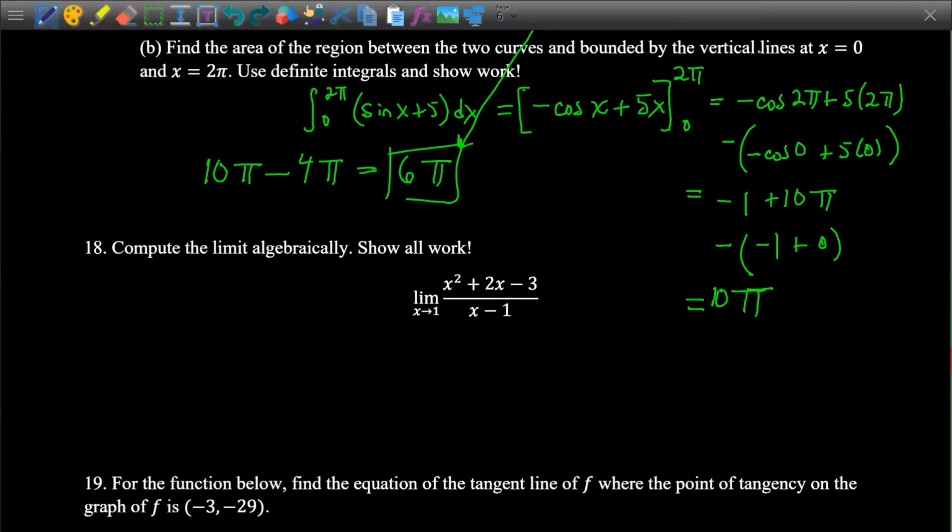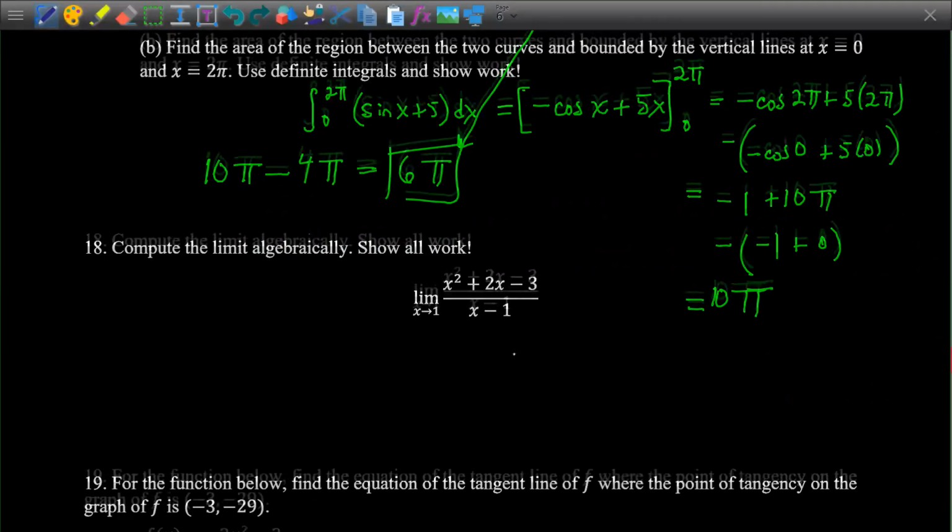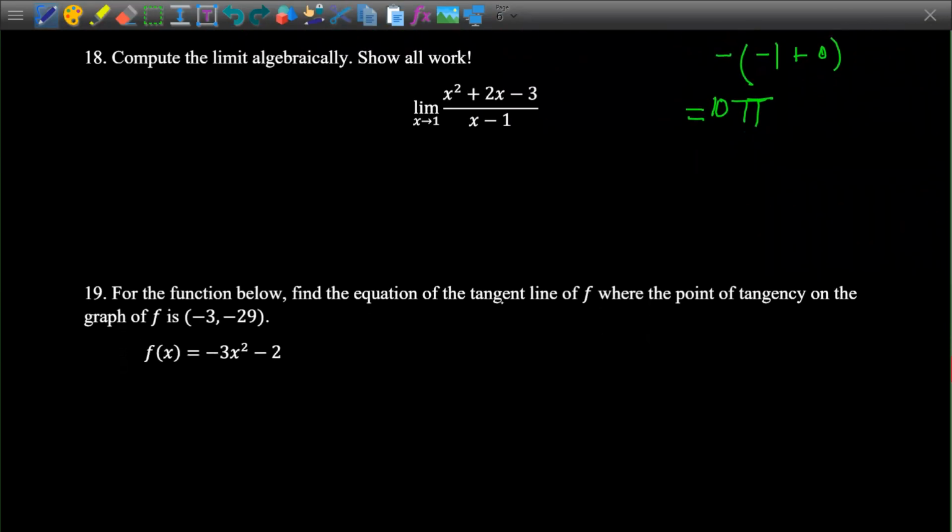Okay, number 18, compute this limit algebraically. And what we're doing here is first seeing if we can plug in 1. X is approaching 1. So can we plug in 1?